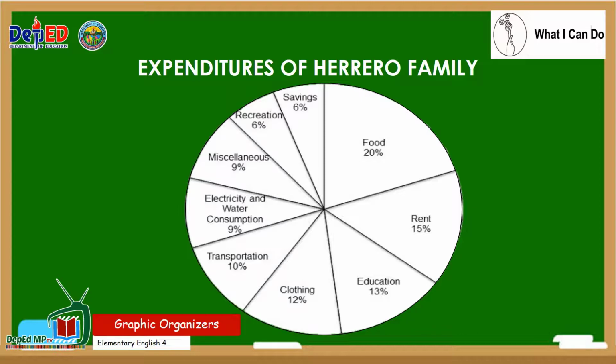Here you can see that the biggest expenditure of the Herrero family is food, while the least expenditures are recreation and savings.